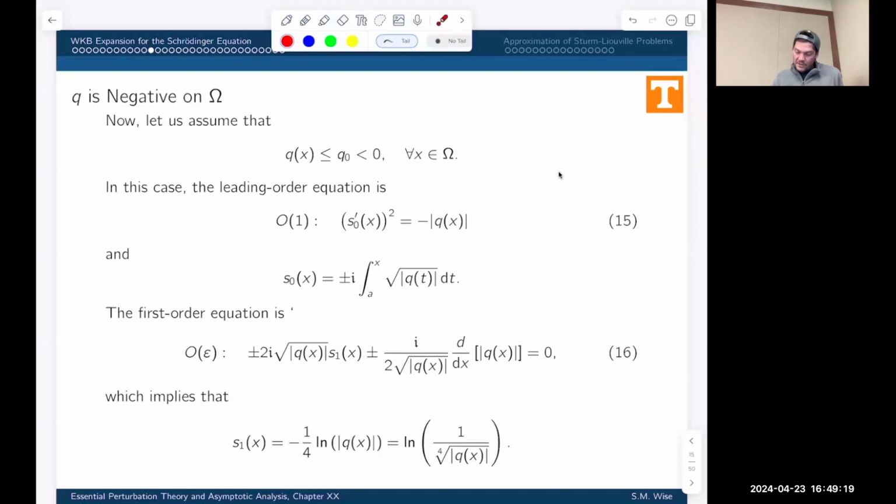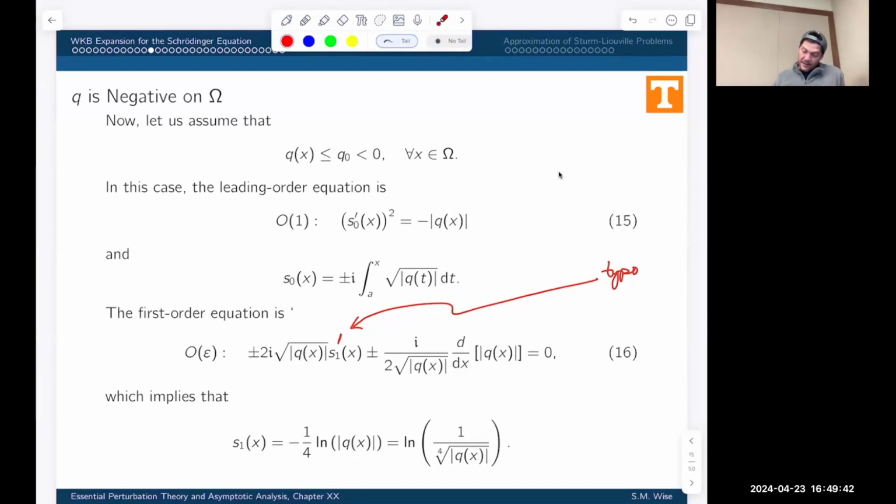The first order equation is similar to that, except that I screwed this up again. That should be a prime there. Typo there, which is good because it doesn't work out otherwise.